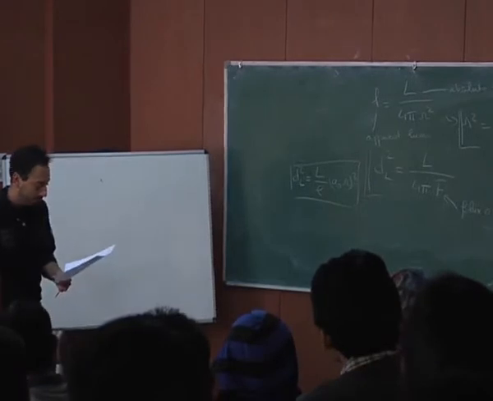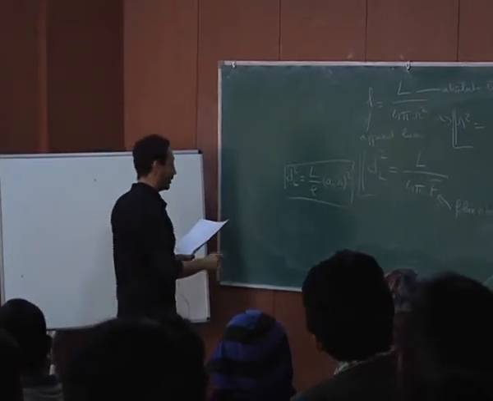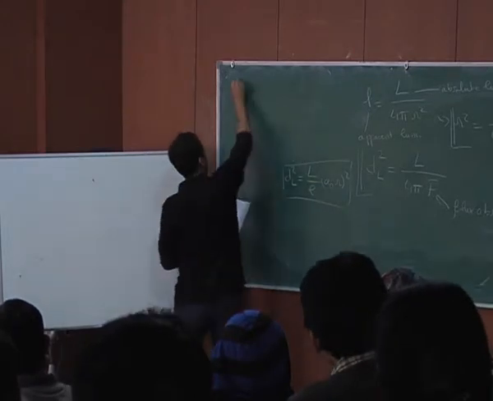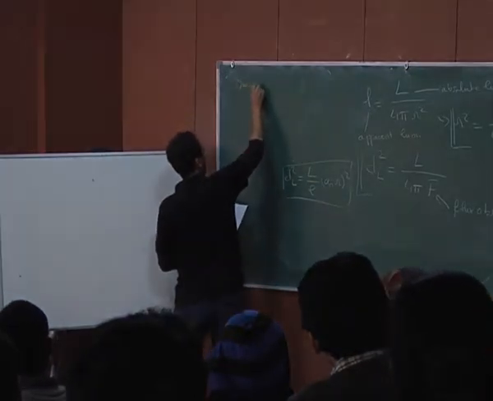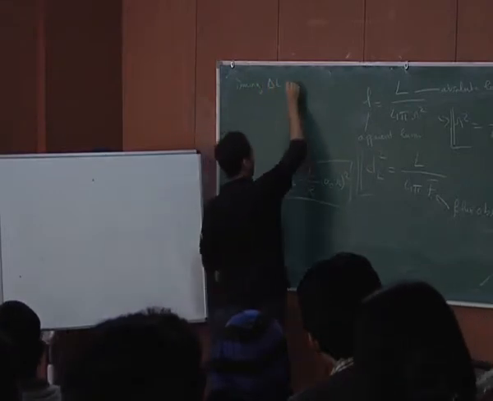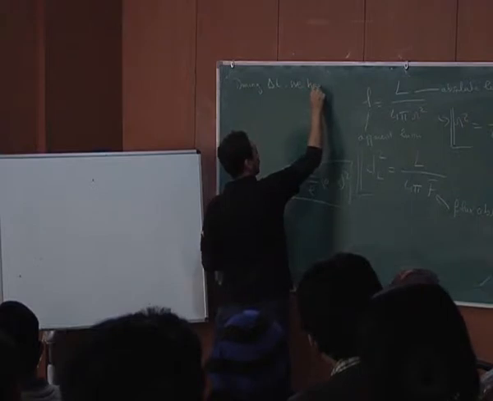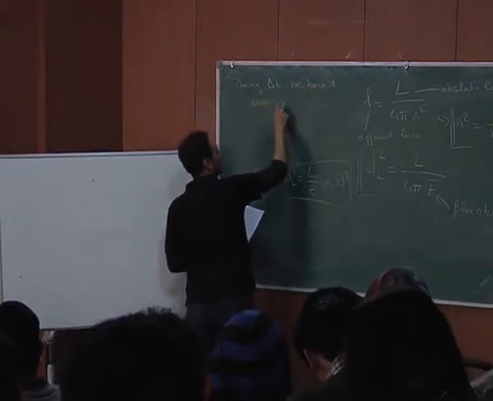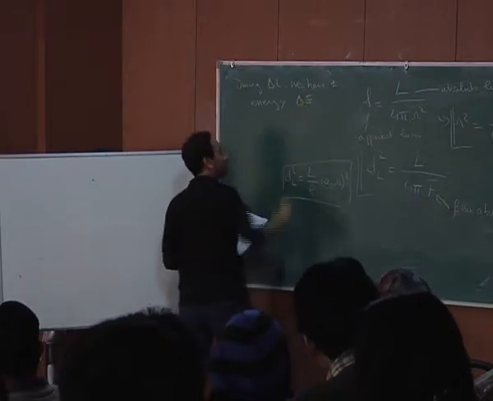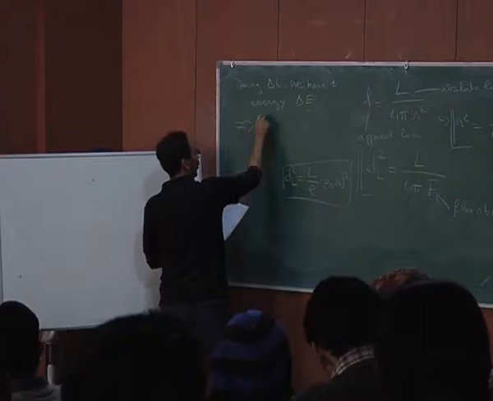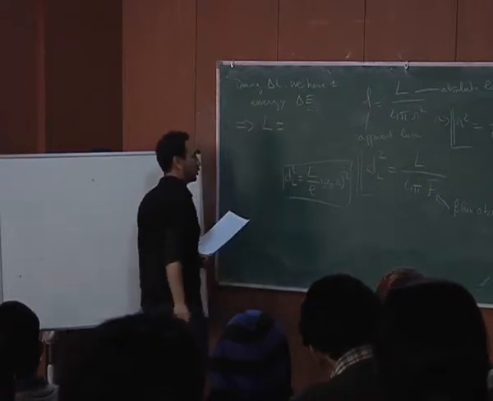So what we have is that during a time delta t, we have emission of light. During a time delta t, we have an energy which is delta E. And what is the absolute luminosity?